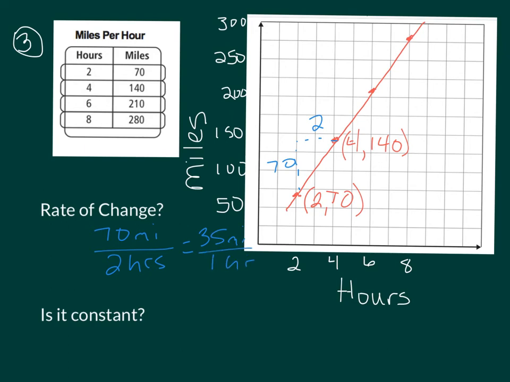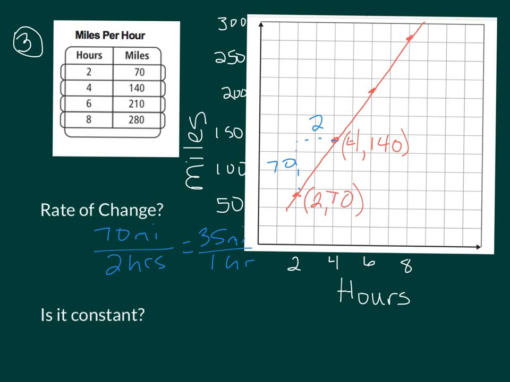The question is, is it constant? Well, as I'm looking on this graph, it goes in a straight line, okay? That is one way to tell that it's constant, all right?